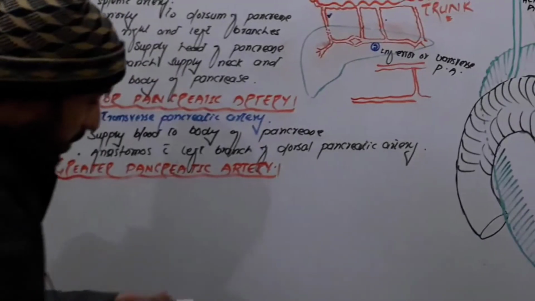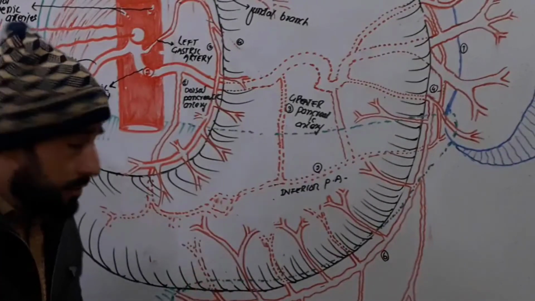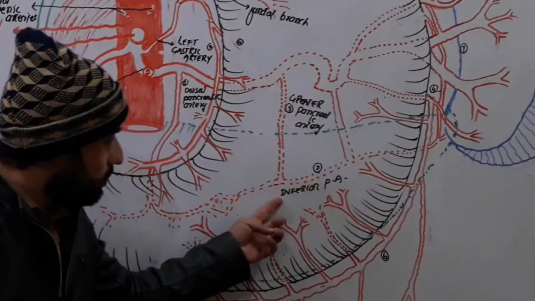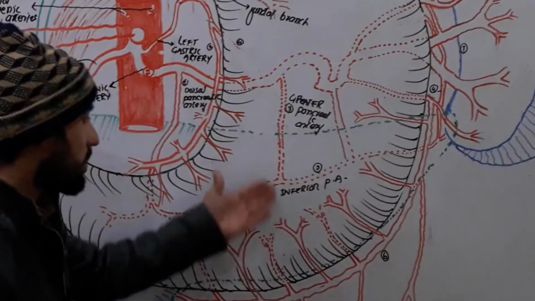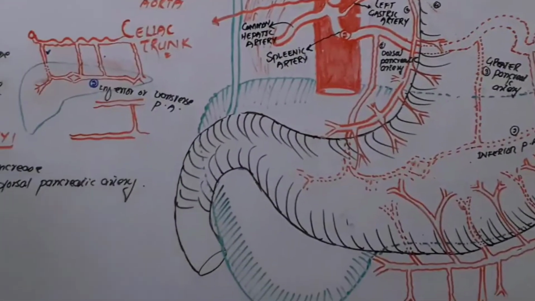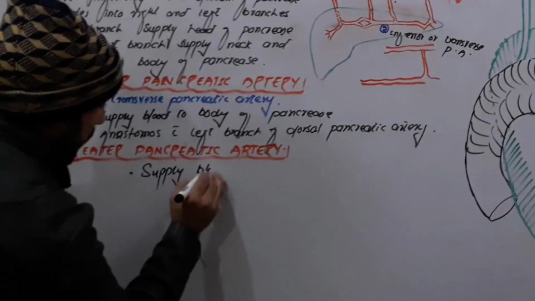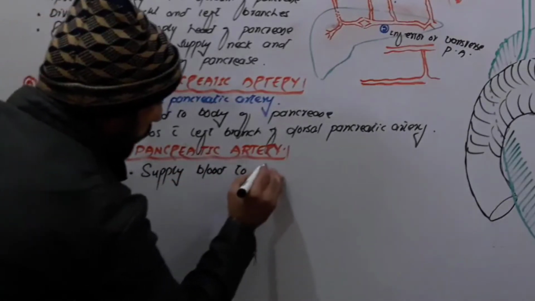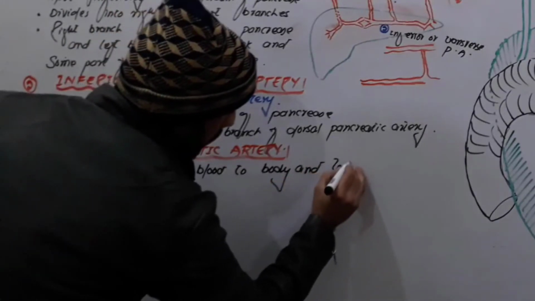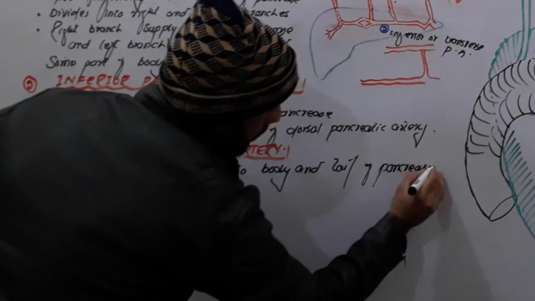Okay, what does this artery do? Look carefully. It enters the pancreas, at the body of the pancreas. It enters and makes anastomosis with the inferior pancreatic artery and mostly supplies blood to the body of pancreas. So let me write here, it supplies blood to body and tail of pancreas. Done.